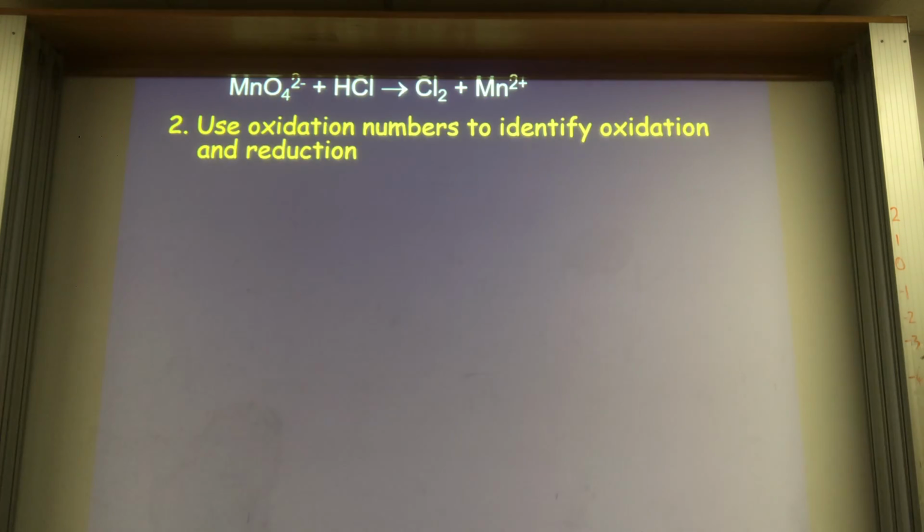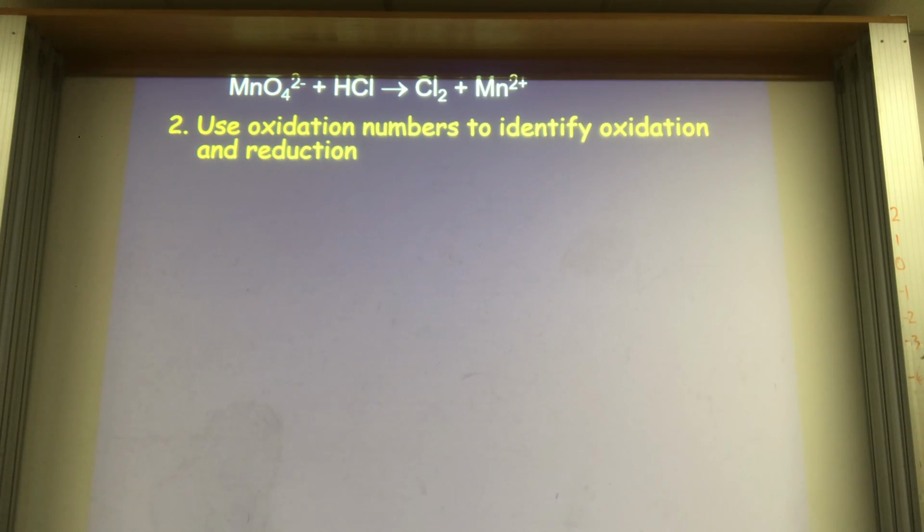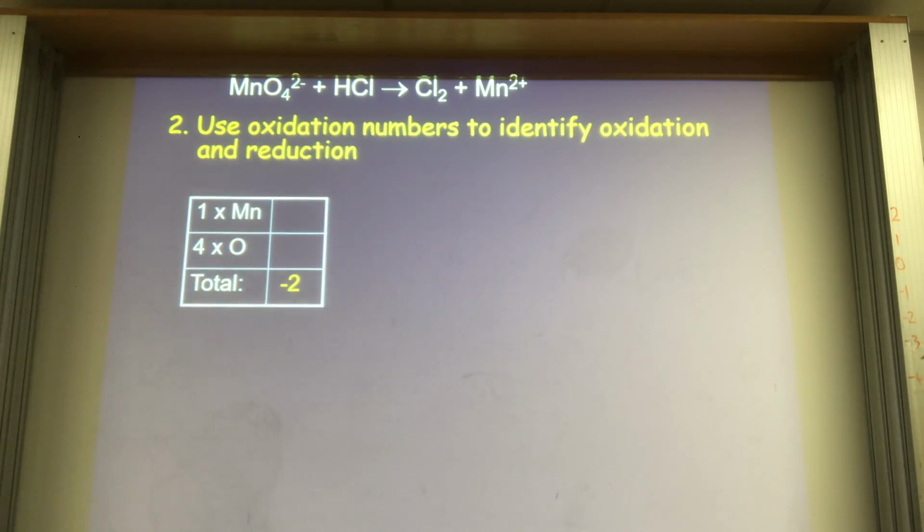Next thing to do is to use oxidation numbers to identify oxidation and reduction skeleton half equations. So the manganate ion there, what's the oxidation number of it? Well, 4 oxygens gives us -8. The overall charge on the ion is -2, therefore the manganese has to be +6.